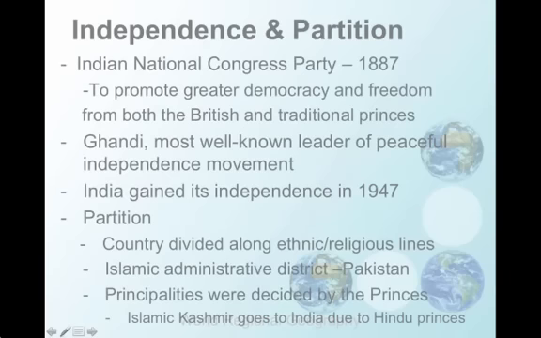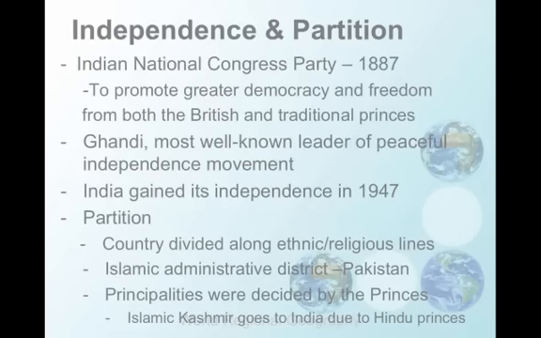In 1887, India saw the formation of what is known as the Indian National Congress Party. This party was formed to promote greater democracy and freedom from both the British and also traditional princes that ruled parts of India and laid claim to parts of India.